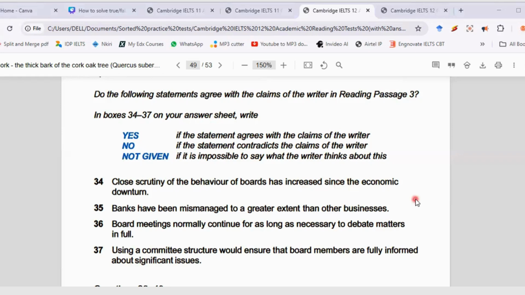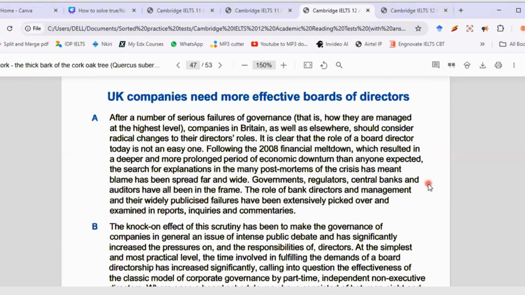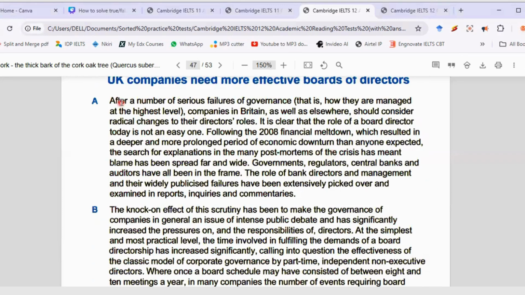So I'll go to the passage. I want to look for those keywords, economic downturn, and then close scrutiny. So looking at paragraph A, after a number of failures, radical changes, but now this is passage 3, so I'm going to scan more slowly, because passage 3 can be very tricky.